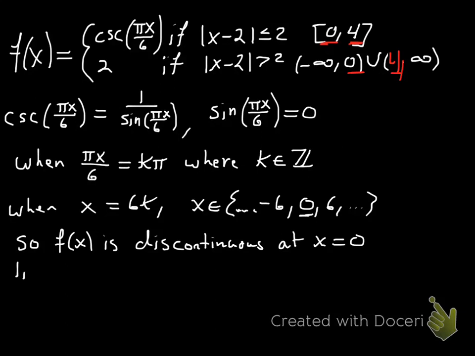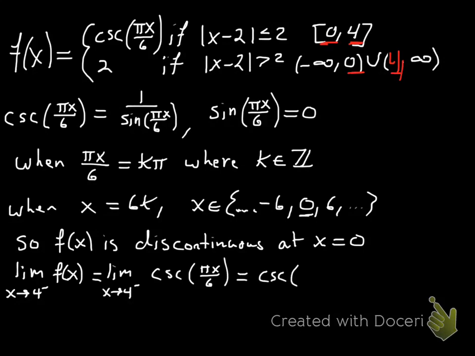We can use limits to approach from both the left and the right-hand side of 4. From the left side of 4, that would be in the interval 0 to 4, so we look like the cosecant of pi x over 6. If we plug that in and crunch the numbers, it's approximately positive 1.5.